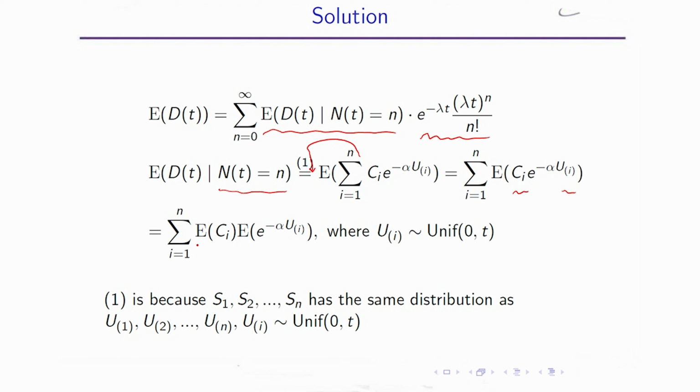So we have the summation of the expectation of Ci times the expectation of e to the minus alpha U(i), and we know U(i) is a uniform random variable from 0 to t. I made a remark to make sure you know that this equality holds because S1, S2 up to Sn have the same distribution as the uniform order statistics.